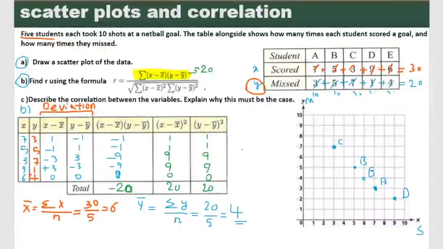Now I will substitute this value here. So as I said, R equals, I found the numerator already. I substitute negative 20. Let me erase this negative 20 here.